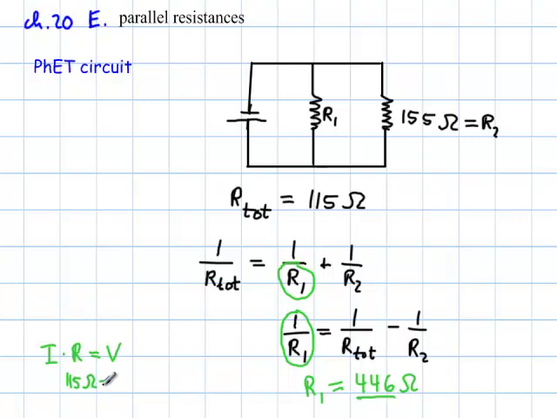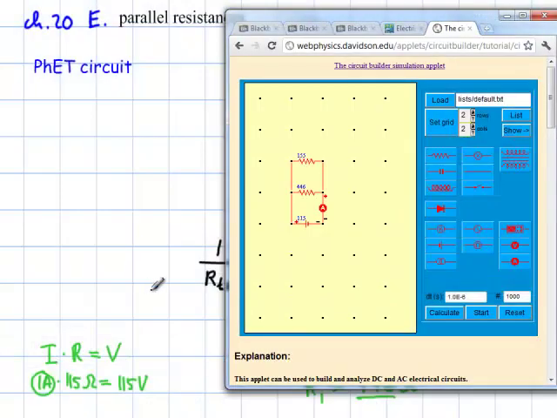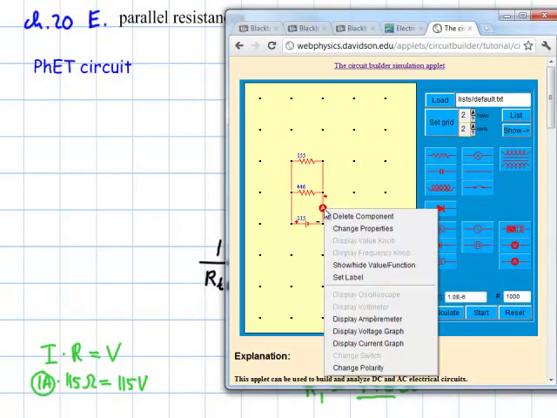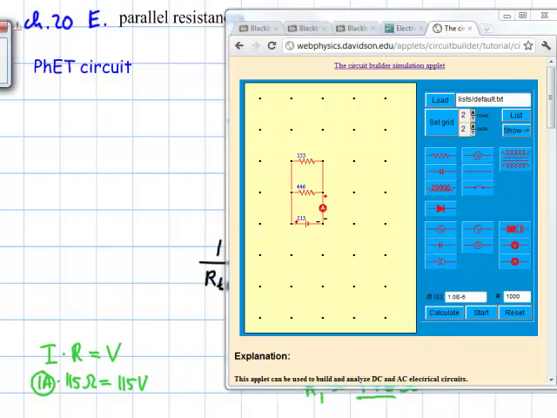And if I put a battery on there that supplies 115 volts, then I would know that I would have to measure 1 amp, and that's what I'm going to try to do, measure 1 amp. Let's see, there we go. And I'm going to click on this one here, and it says display ammeter. Yeah, that's the one I want.